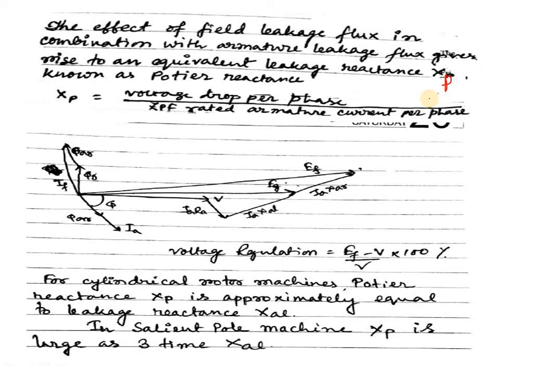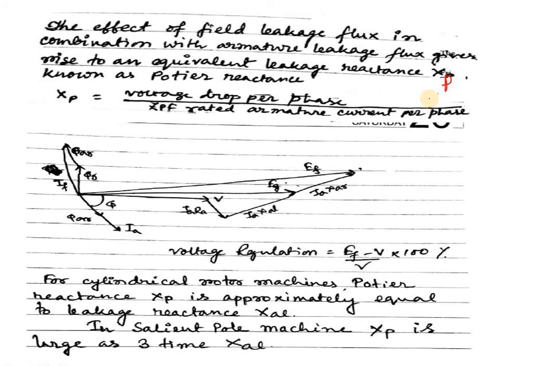For field excitation current IR corresponding to the generated EMF EG, drawn from the open circuit characteristics, the percentage voltage regulation is determined as EG minus V divided by V into 100.